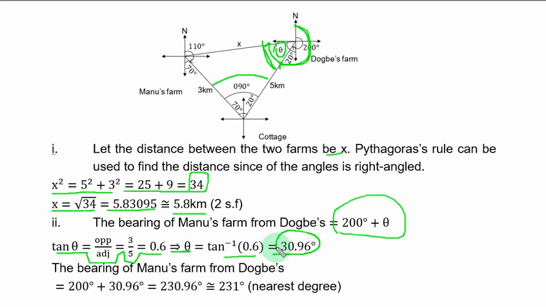Therefore, the bearing of Manu's farm from Dogbe's is 200 degrees plus 30.96 degrees, and that is 230.96 degrees. To the nearest degree, you have 231 degrees as the bearing of Manu's farm from Dogbe's farm.